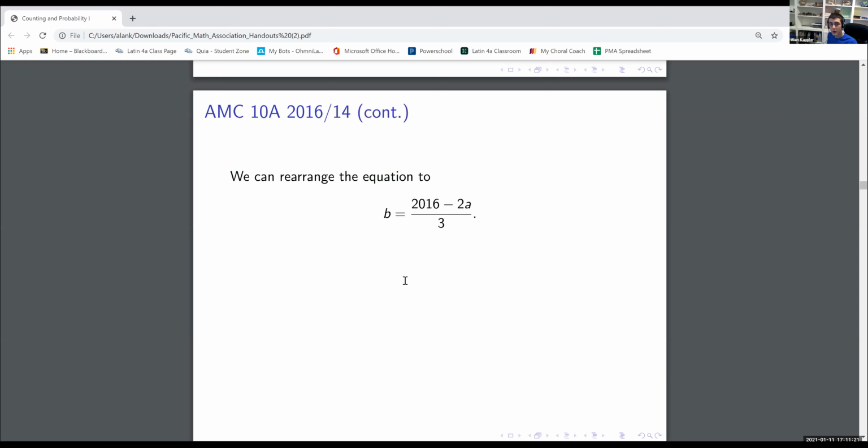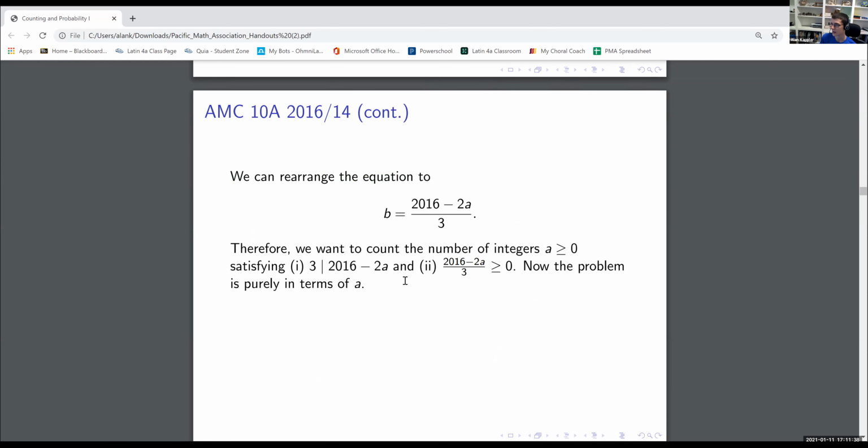Right, so we can actually rearrange this equation. Does everybody see how that comes from it? We subtract 2a from both sides, divide both sides by 3, and we get b in terms of a.